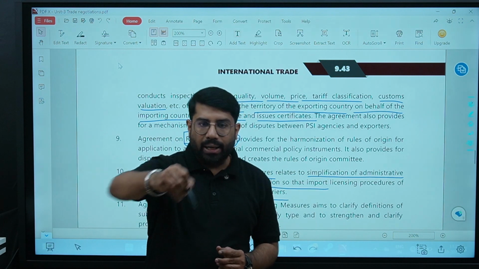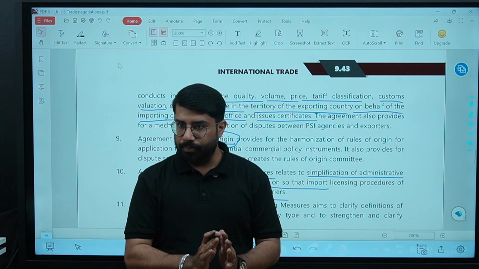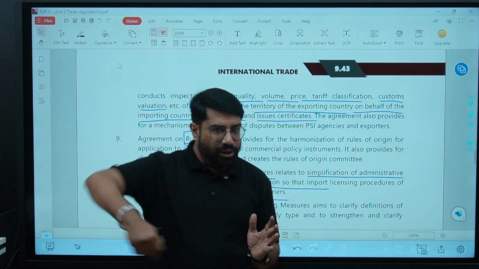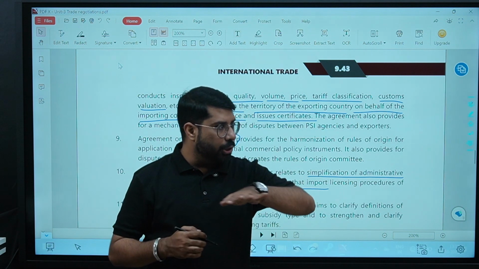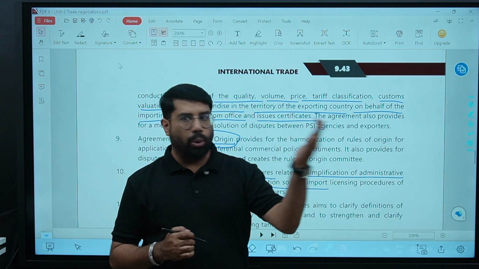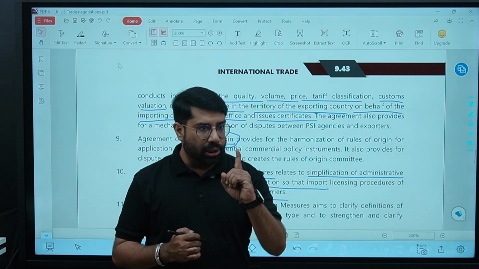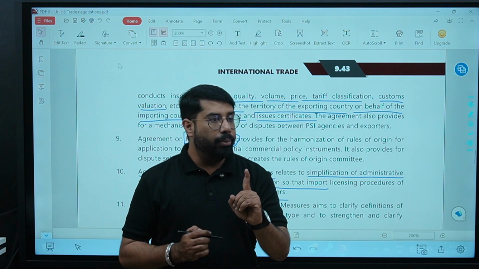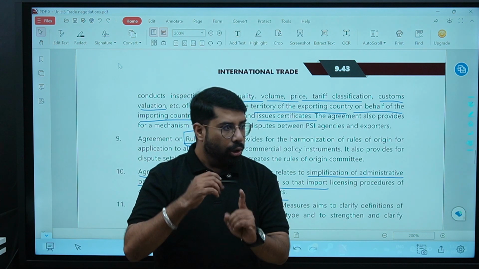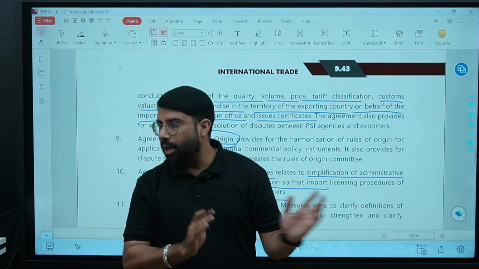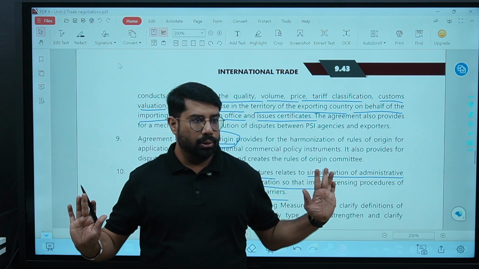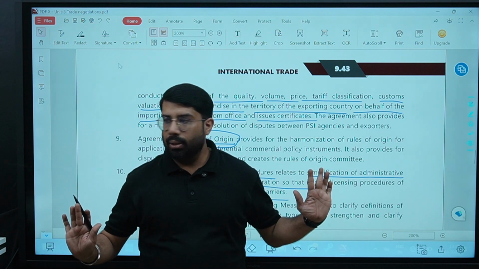This eligibility criteria should be prefixed, so that everybody knows what procedure they should follow to import goods from one country to the other. When there is a common procedure, it will be easy for everybody to follow it consistently and import goods easily. Are we clear? Yes or no?